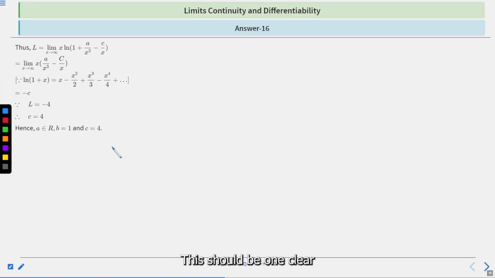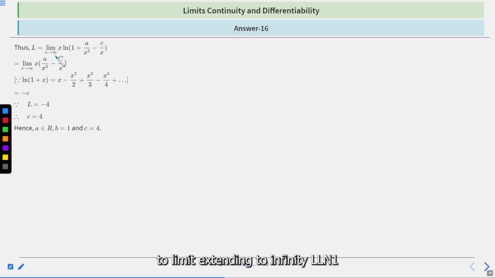Thus the limit as x tends to infinity of x ln(1 + a/x^3 - c/x) can be written using the expansion ln(1 + x) = x - x^2/2 + x^3/3 - x^4/4. So we neglect the higher terms, that is x^2/2 and so on. Clear?